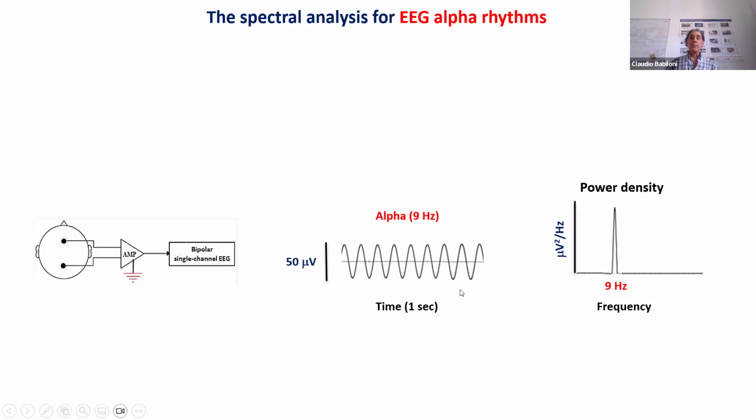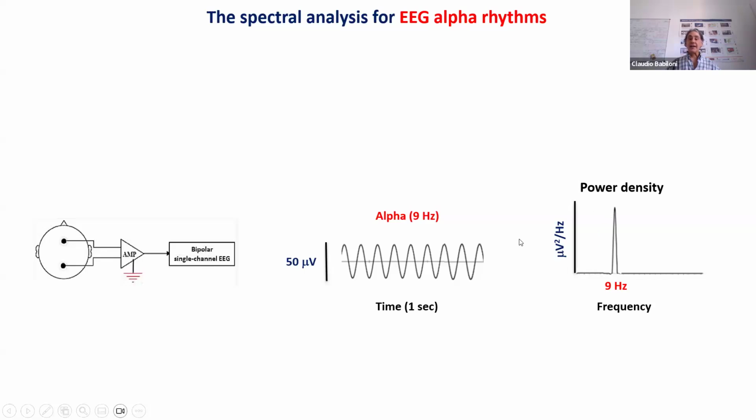But in the modern way to analyze EEG activity, this trace of EEG activity in the time domain is used as an input for the spectral analysis of EEG activity.